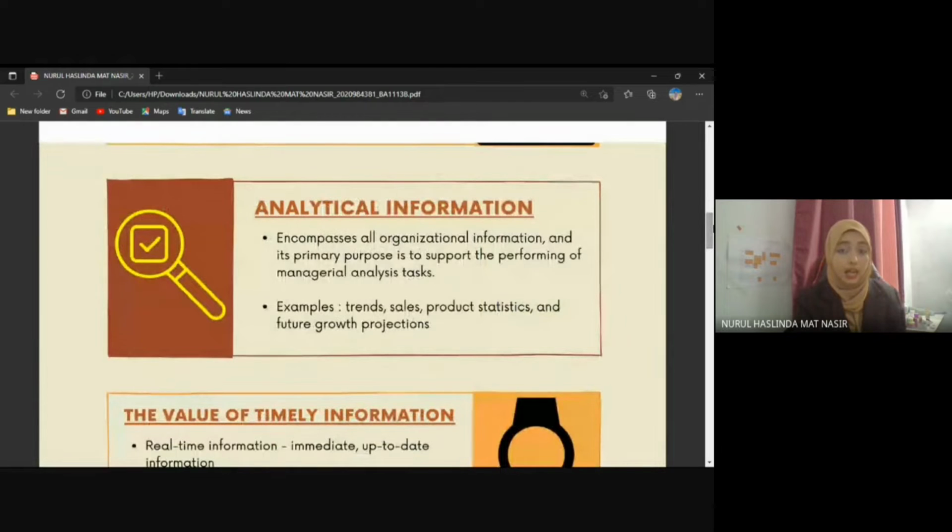While analytical information encompasses all organization information and its primary purpose is to support the performing of managerial analysis tasks. It also includes external organizational information such as market, industry, and economy. For example, trend, sale, product statistics, and future growth projection.